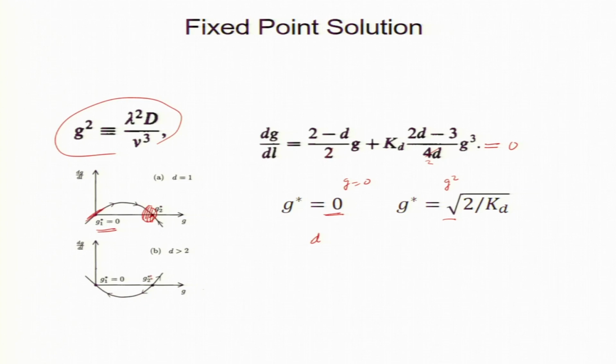For d greater than 2, it turns out the G1 star fixed point is stable. That means the nonlinear term is not giving any correction. If G is 0, the nonlinear term gives no correction, and that is like the Gaussian fixed point of Wilson theory. So, for d greater than 2, the system behaves as if the nonlinear term does not exist.